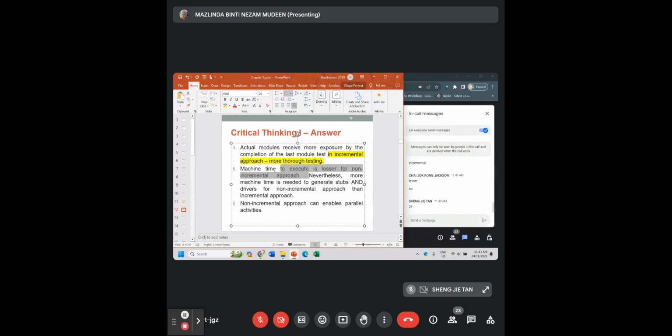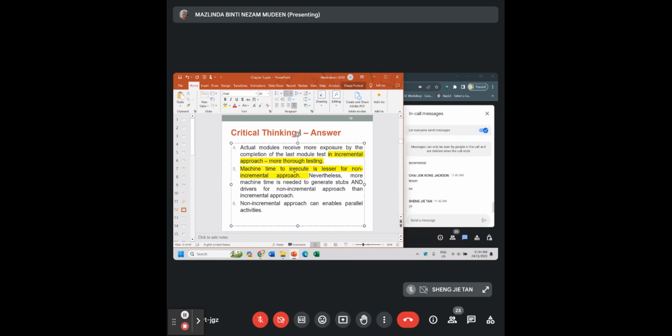It means since each of these modules is tested only two times, the machine time used to do the test execution is lesser in the non-incremental approach, while it will be more in the incremental approach because every module goes through testing many times again and again. Got it? Okay.